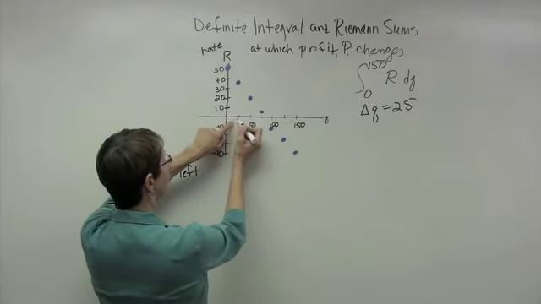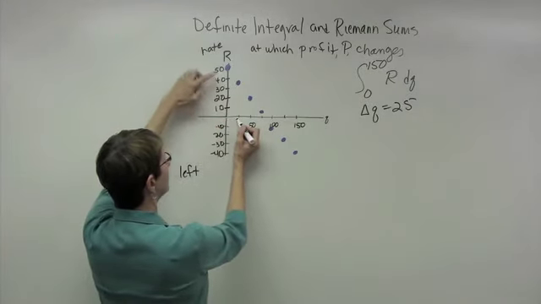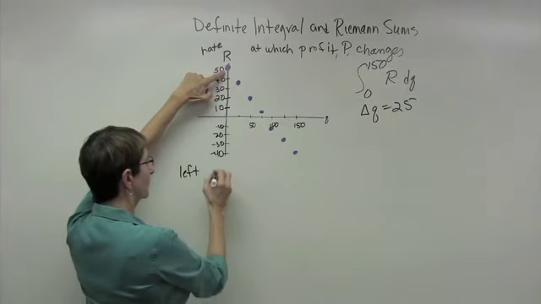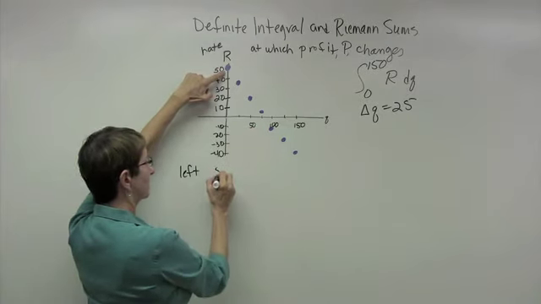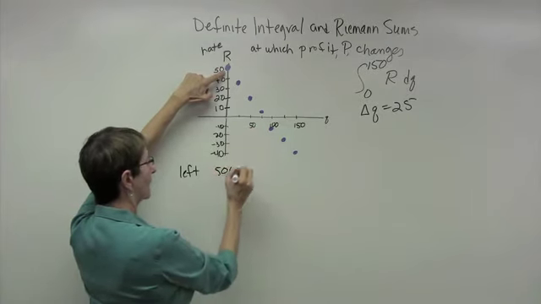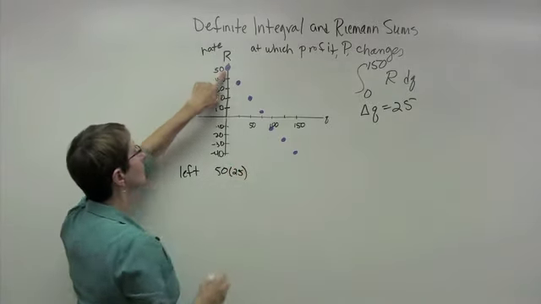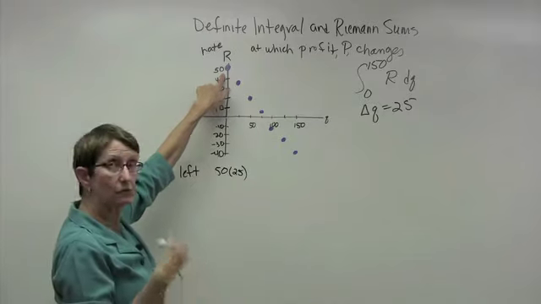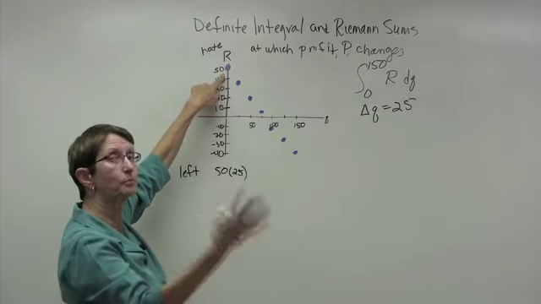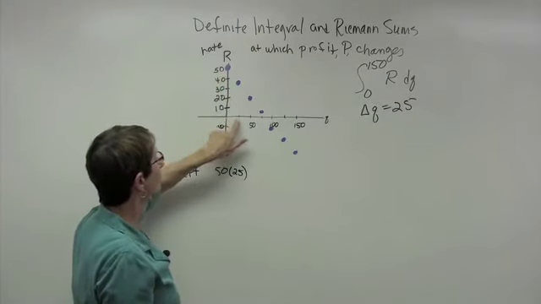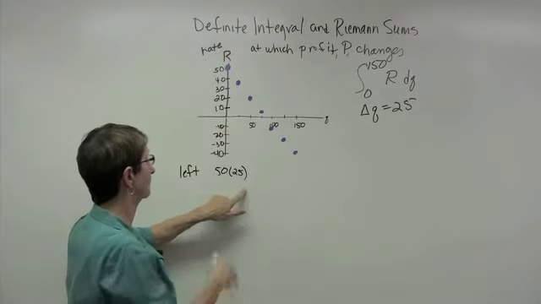So between 0 and 25, I'll pick the left end, which would be 50 times 25. 50 is the rate of change of profit, $50 per unit over this interval of 25 units.